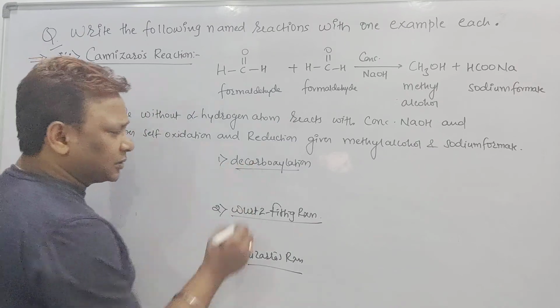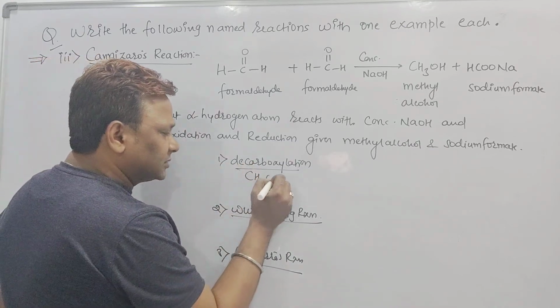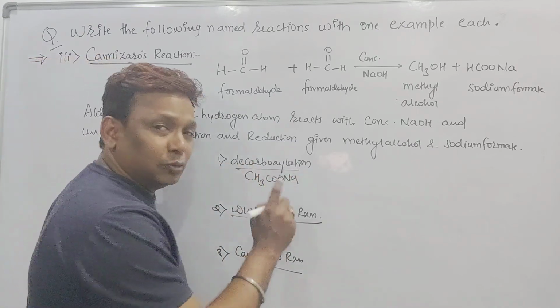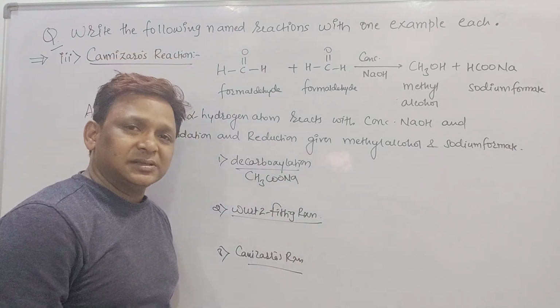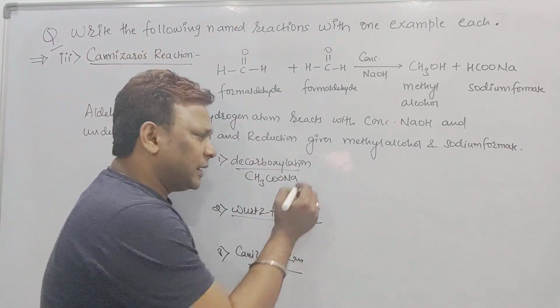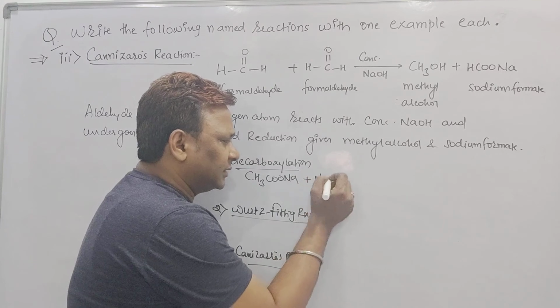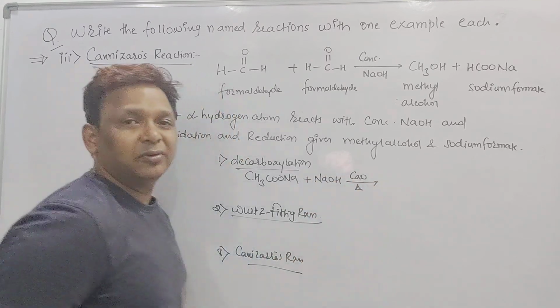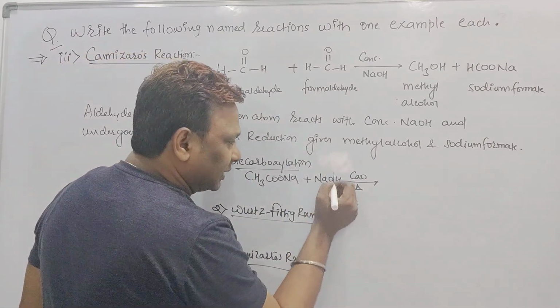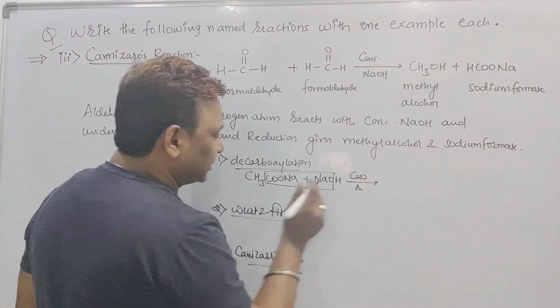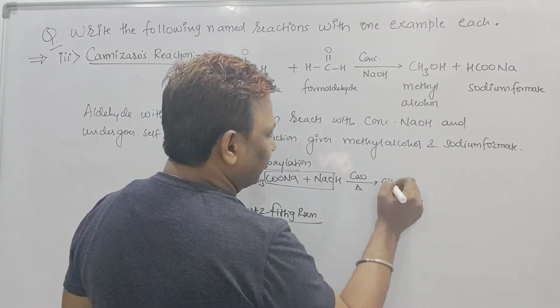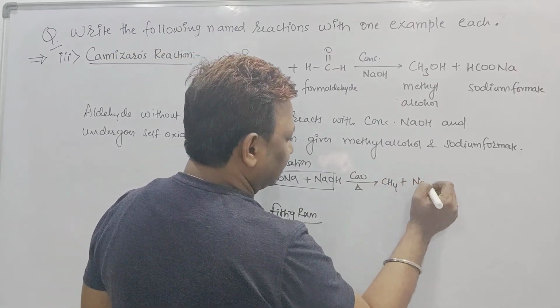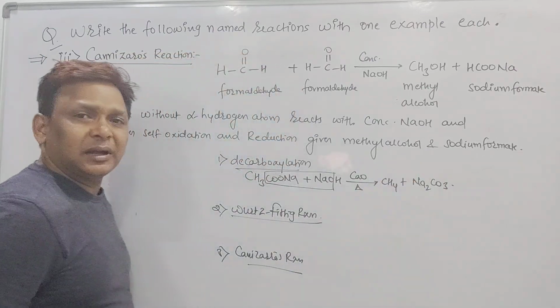Sir, in decarboxylation what did we take? CH3COONa, sodium acetate. It is heated with soda lime. What is soda lime, beta? A mixture of NaOH plus CaO. CH3 and H will attack to form CH4, and the remaining one is sodium carbonate.